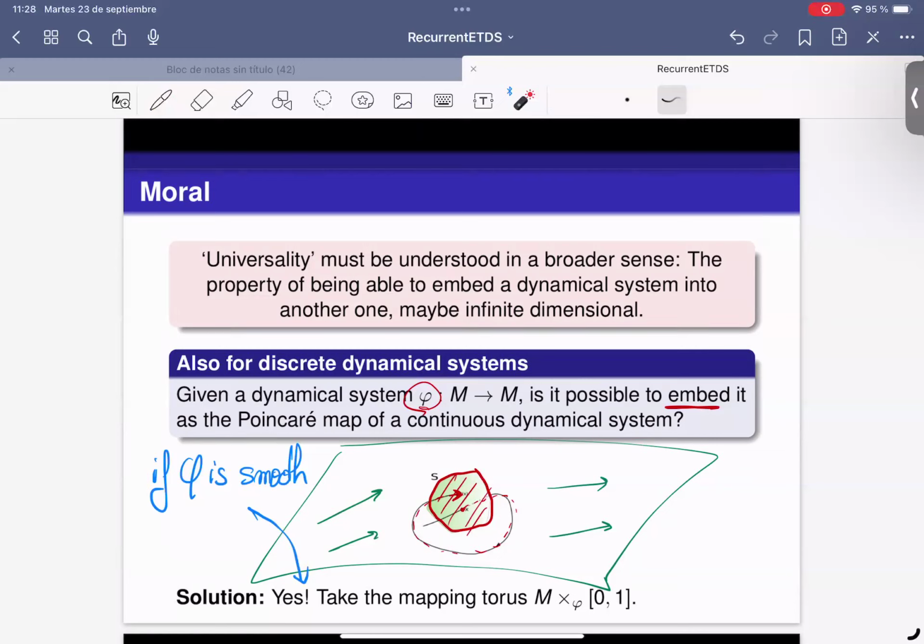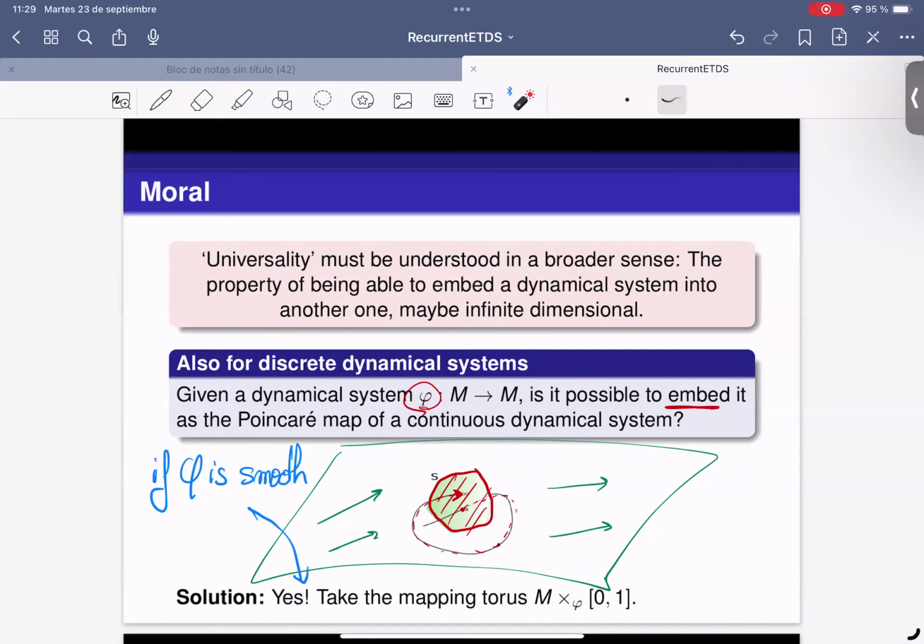So if phi is smooth, then I can do it. But the interesting discrete dynamical systems will be exactly those in which phi is not smooth, such as Turing machines. And let me explain this in a minute. But that's the idea.